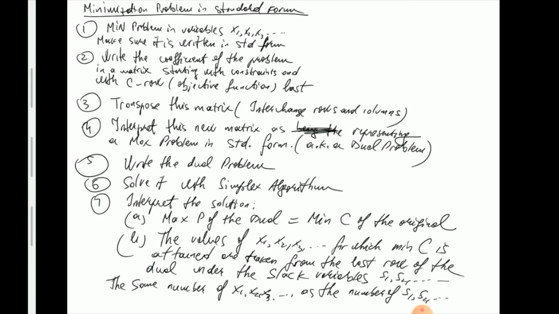So this is more briefly described in the help sheet, but this is essentially the plan of attack, so to speak, from the beginning to an end, the way you actually solve the minimization problem in standard form. So as I said, in the last part of this lecture, we're going to go over one more example, a word problem, and that will be the end of this chapter. So stay tuned for the last example of today's lesson.